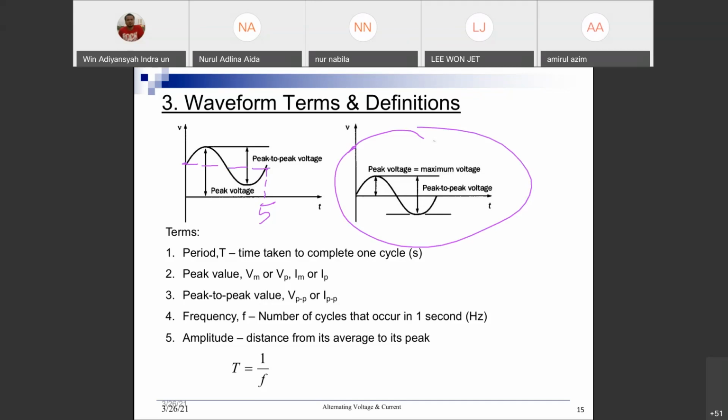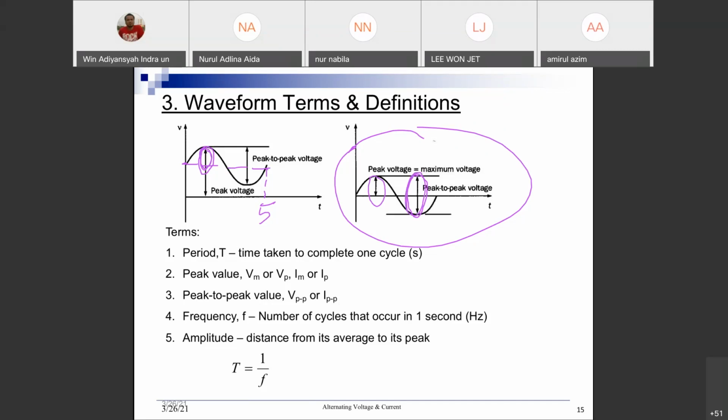Okay, so in here, this is the peak voltage, the peak value. Peak to peak is from maximum to minimum, this one.